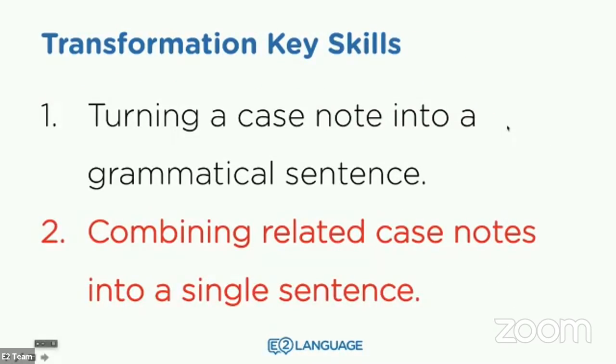Okay, let's look at the second key skill here in transforming case notes. That is being able to combine related case notes, so several case notes, into a single sentence. And you need to be able to do this.